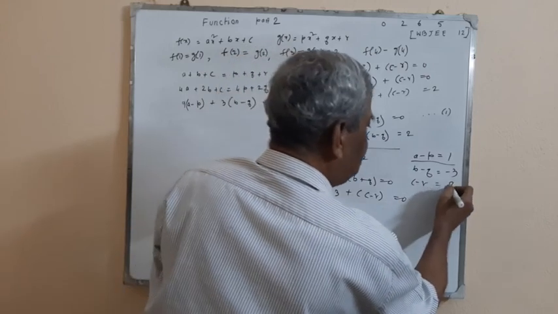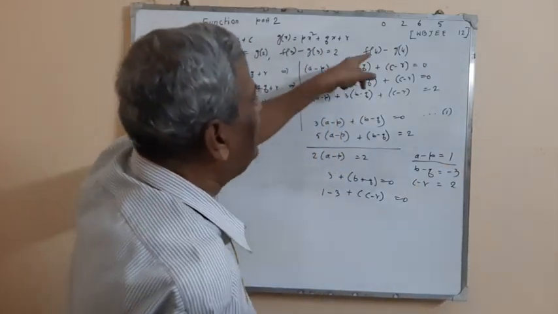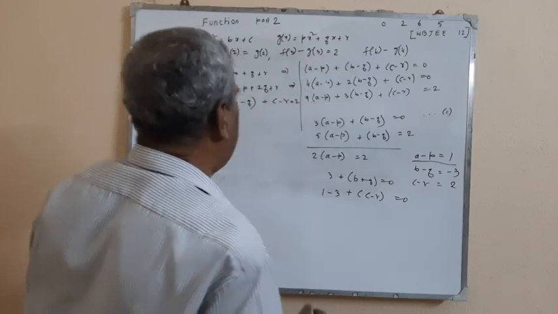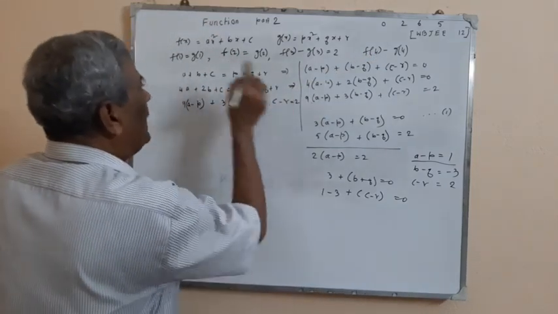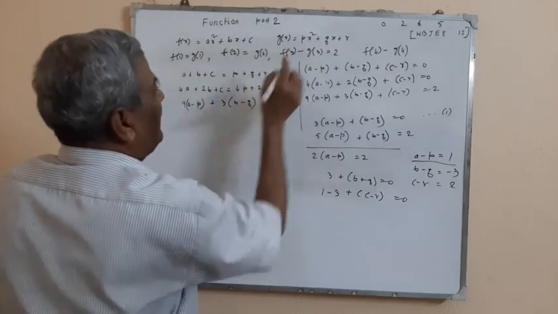Two. Now we have to find the value of f(4) - g(4). Put x equal to 4 over this and that.